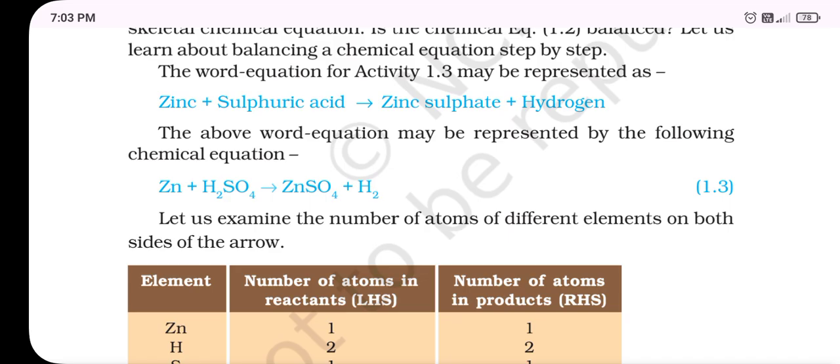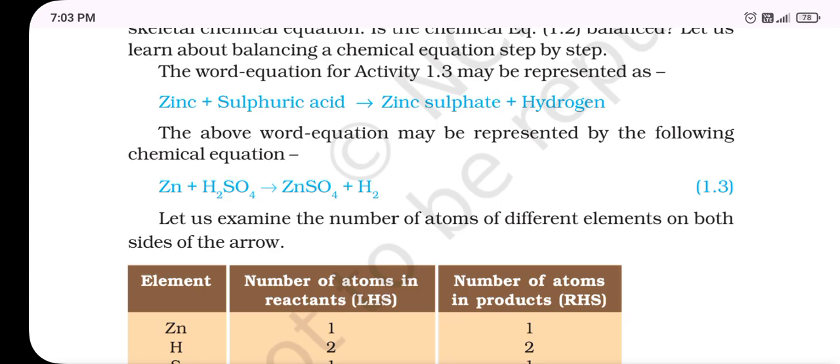But do you know why this reaction happens? I'm asking you one question: why does this chemical reaction happen? The answer is that sulfuric acid is a strong acid, and zinc is very aggressive in nature, as if ready to fight with somebody.